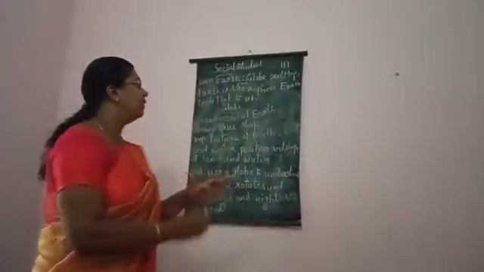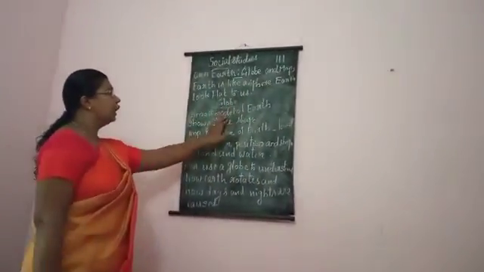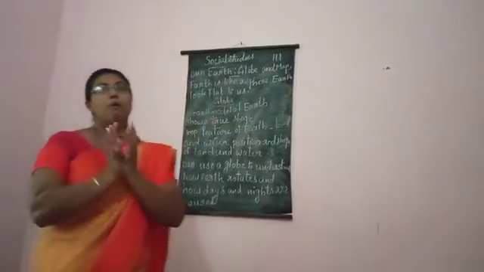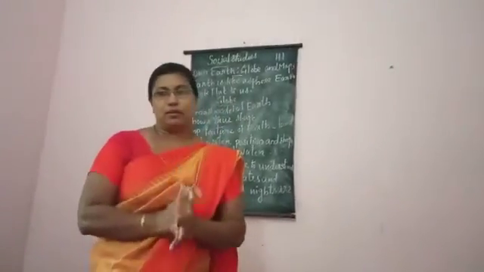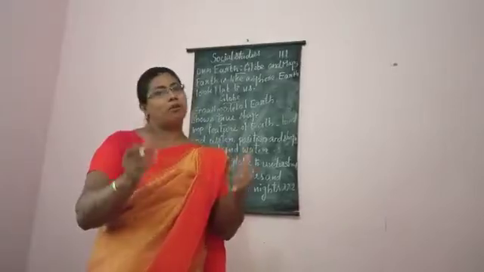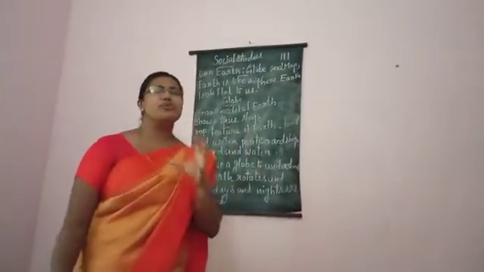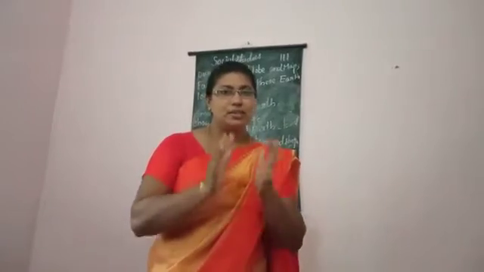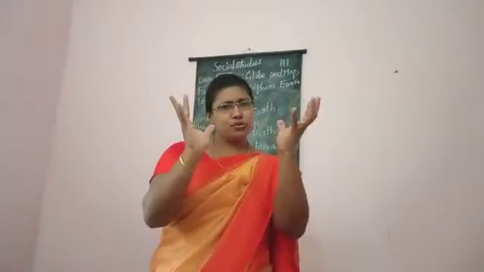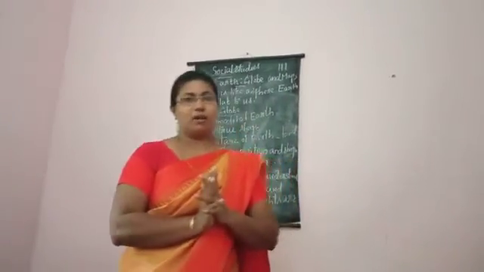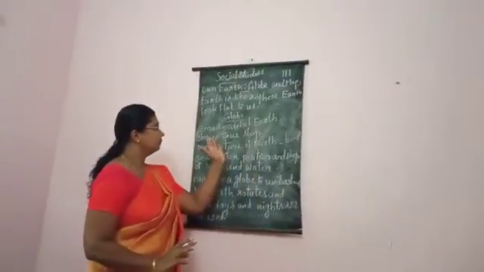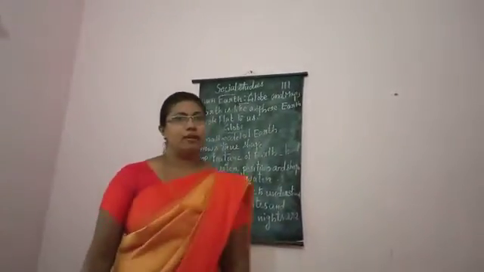So listen carefully. Globe is the small model of the earth, and it shows the true shape. This globe shows the true shape of the earth. Globe is the smallest model of earth.